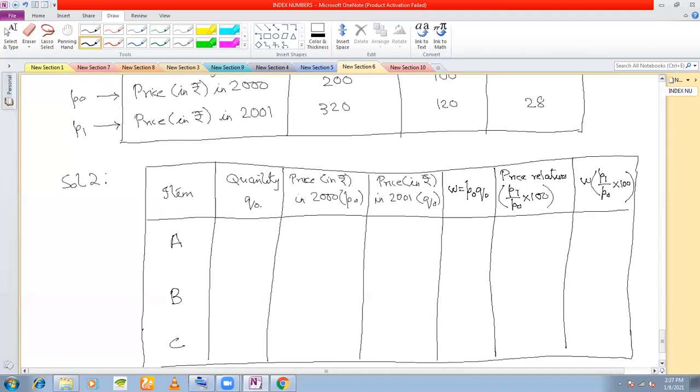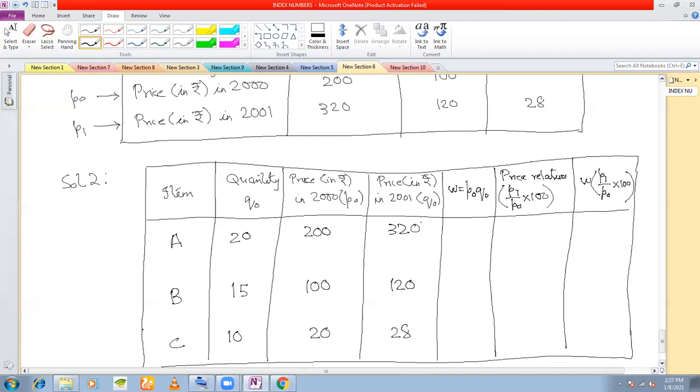Quantity also you copy from the question: 20, 15, and 10. Price in rupees for the base year, P0, is 200, 100, and 20. For the current year, again copy this column from the question: 320, 120, and 28.